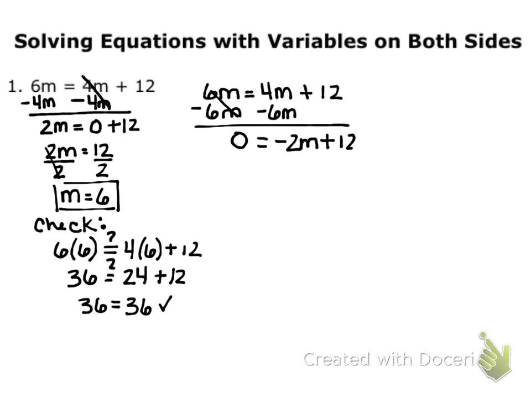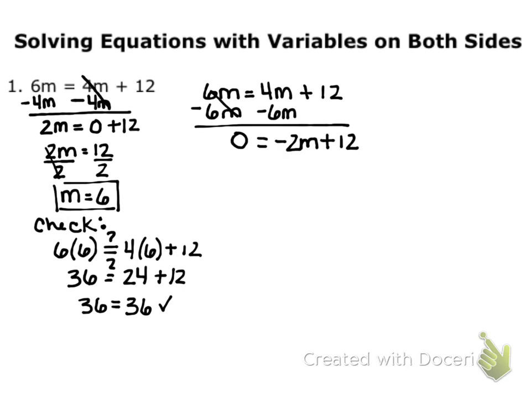Now what I want you to notice is that suddenly now we have everything on the right side of the equation. This is why this option adds in an extra step, because now you have to move something back to the other side. Eventually we want to get m on one side and all the numbers on the other.